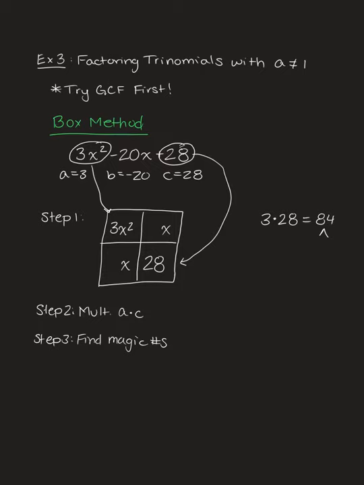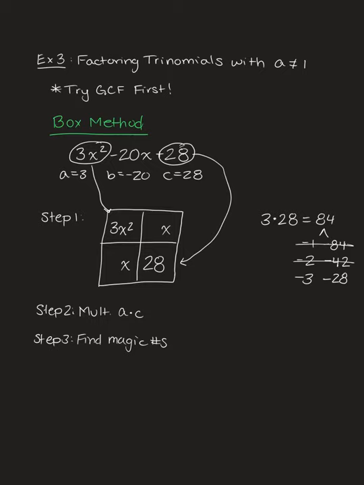Okay, so let's start going through some factors of 84. So let's see, negative 1, negative 84. That's not going to work. Negative 2 and negative 42. That'll give you negative 44. It's not negative 20. That's not going to work. Let's see, negative 3 and negative 28.